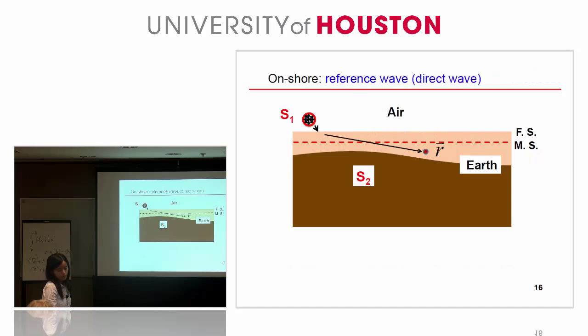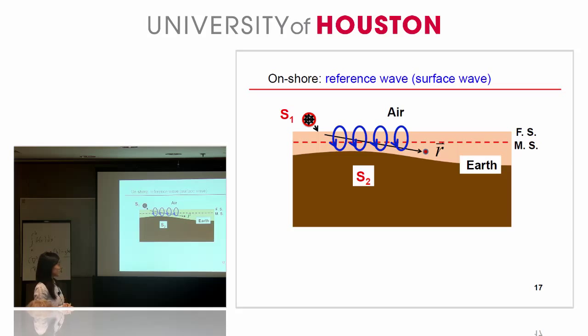For the reference wave, it will have the direct transmission or direct wave, and it also has this kind of surface wave. These events are exactly what we would like to separate at the beginning of this part.